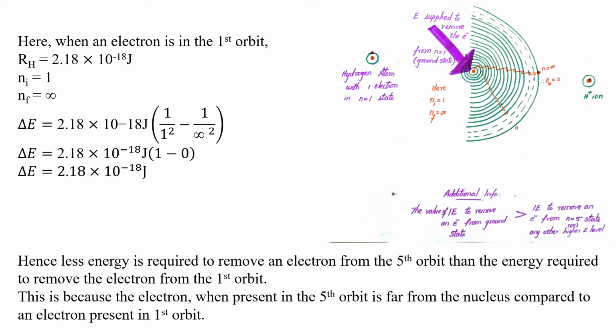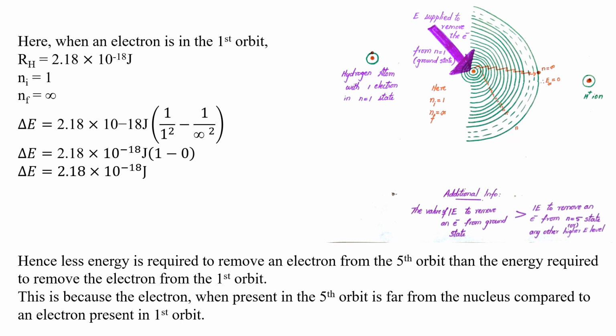Now you have to compare this answer with the ionization energy of hydrogen atom. You are asked to calculate the energy which will be supplied by you in order to remove the electron when it is present in the first orbit of hydrogen to the nth orbit at infinity. Clear?